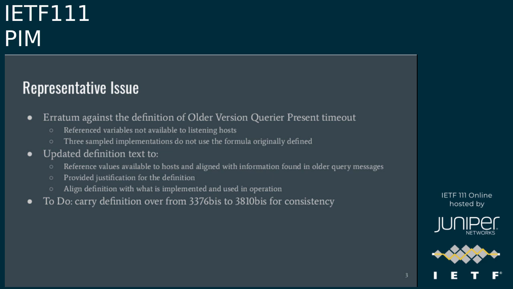Clear justification for this definition is provided in the BIS document, including why they were required in the first place. Now the definition is more aligned with what is implemented and what is used in operation. The remaining item would be carrying this definition over from 3376 BIS to 3810 BIS for MLDv2 for consistency. Next slide, please.